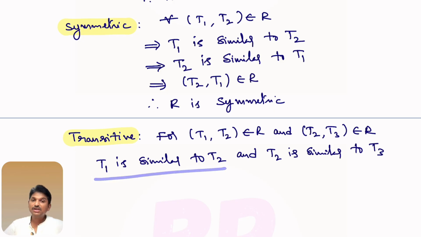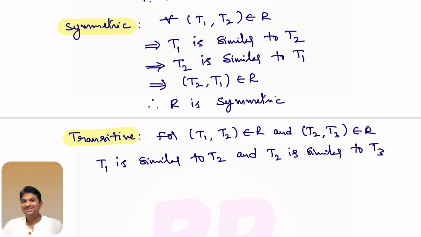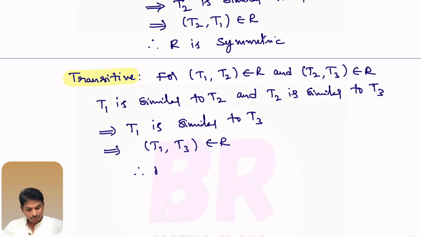If T1 is similar to T2, T2 is similar to T3, can I say that T1 is similar to T3? It's a simple one, right? It is the easiest one actually. From this, I can say that T1 is similar to T3. If T1 is similar to T3, I can write that (T1, T3) belongs to the relation. Therefore, the relation R is transitive.